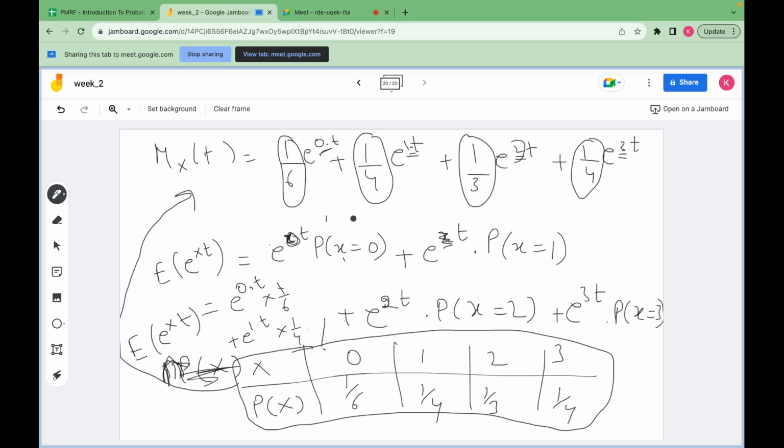So now we are asked: what is the probability that x will lie from mu minus sigma to mu? Mu is equal to 5 by 3, and we need 5 by 3 minus root 19 by 18. So I will start on a new page.